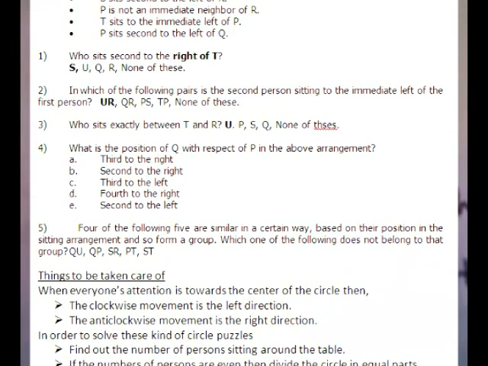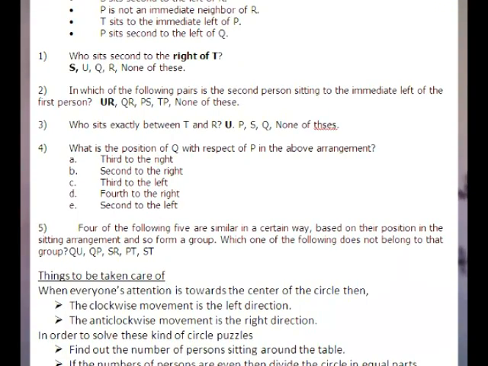So Q is fourth to the left of P, as we move in a clockwise direction. We move from P, that's why we say right of P and left of P. So both of these are correct, but here the options are provided.